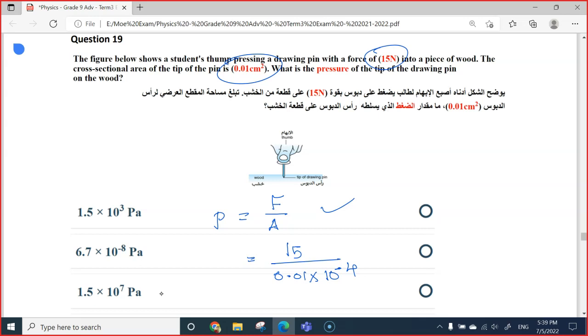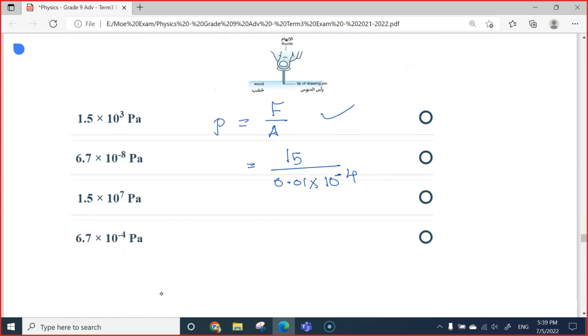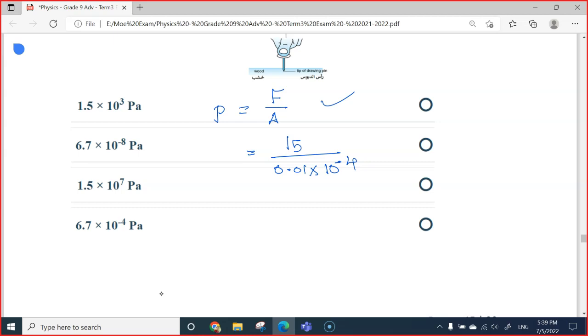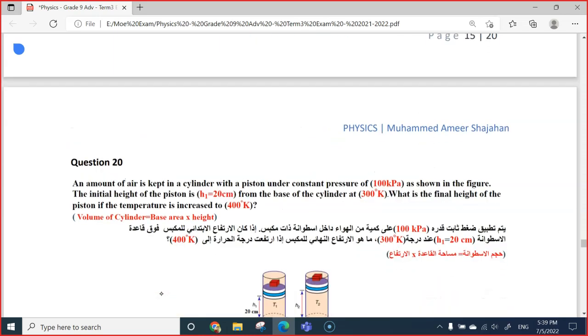So 15 divided by 0.01 times 10 to the power negative 4, that is equal to 1.5 times 10 to the power 7 Pascal. Pascal is the SI unit for pressure.